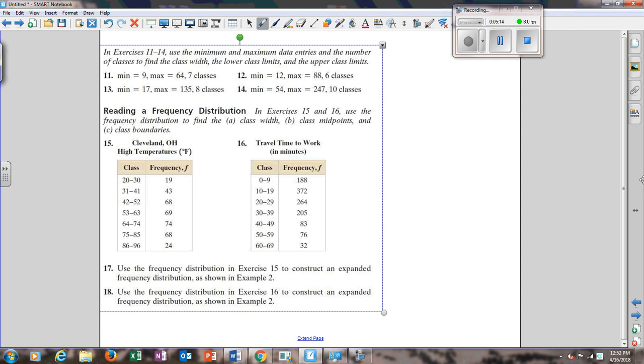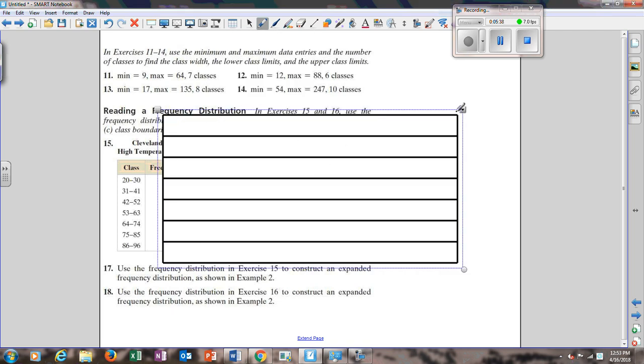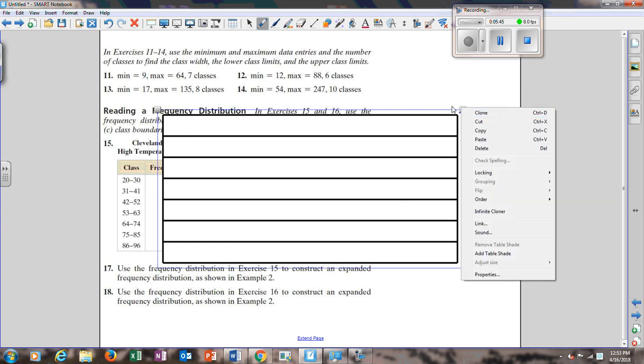Number 11. Use the minimum and maximum data entries and the number of classes to find the class width, lower class limits, and upper class limits. So I'm just going to make a little chart. There are 7 classes. Let me get this chart correct.